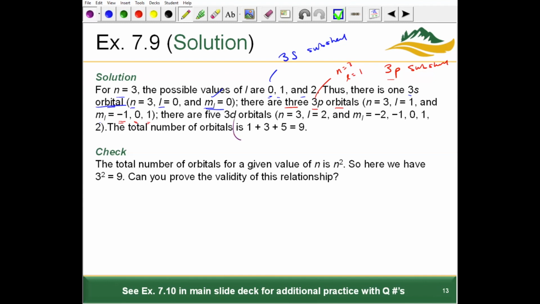For d, we know that n is still equal to 3 here. d means that l is equal to 2. But when we're stating the subshell, we would just say a 3d subshell. Then if we include the 5 possible m sub l values, which lines up with what we expect for d orbitals, then we call those all separate orbitals. So 5 different possible orbitals for n equal to 3, l equal to 2, for the 5 different possible m sub l values.